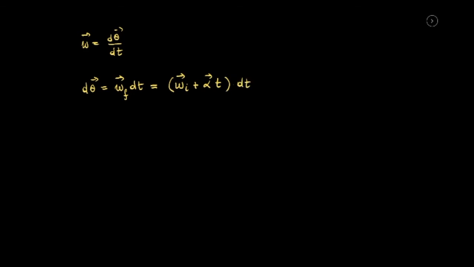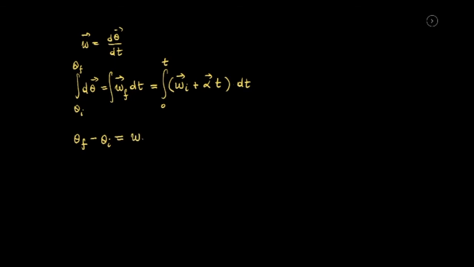Now if we integrate both sides, theta changes from theta initial, or sometimes they use theta 0, to theta final, and t goes from 0 to t. Now, since omega initial is a constant quantity, we can take it out of the integration.